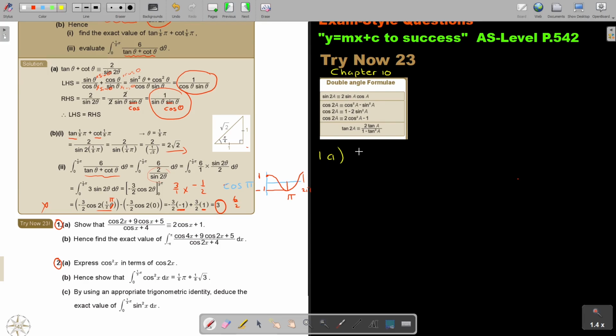Show that cos 2x plus 9 cos x plus 5, over cos x plus 4, is identically equal to 2 cos x plus 1.